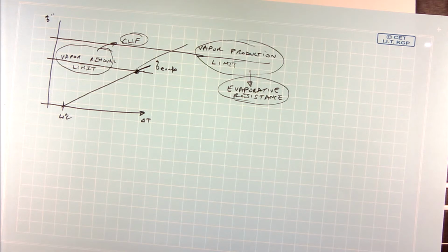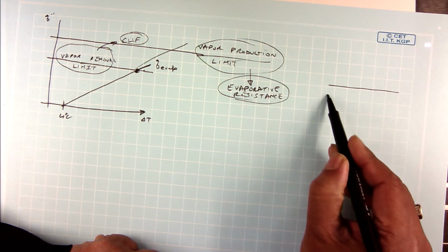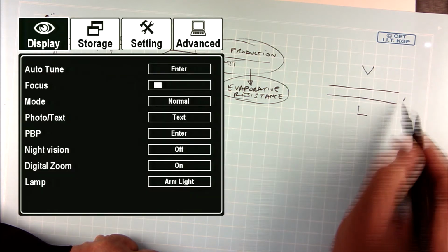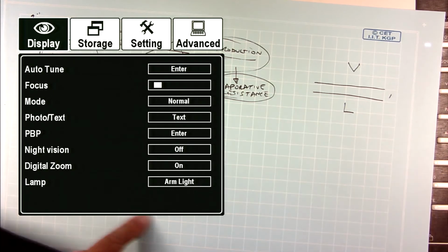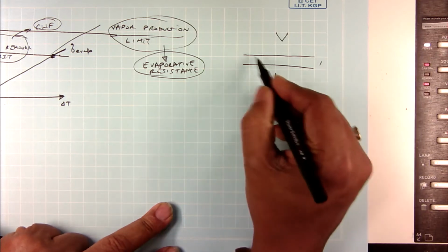Okay. So, in order for us to figure out the evaporative resistance, remember when we were deriving the Young-Laplace equation, we said that you have a vapor layer, you have a liquid layer, and then you have an interface layer, right.